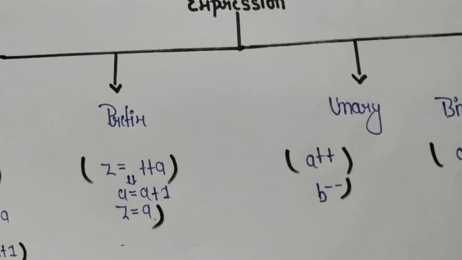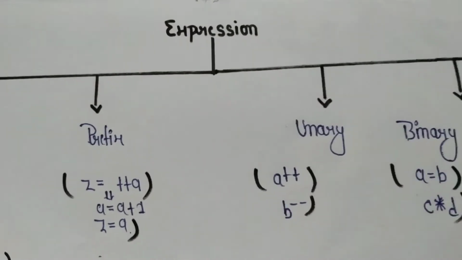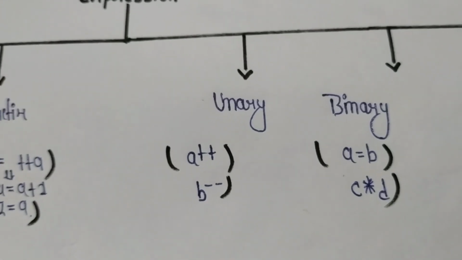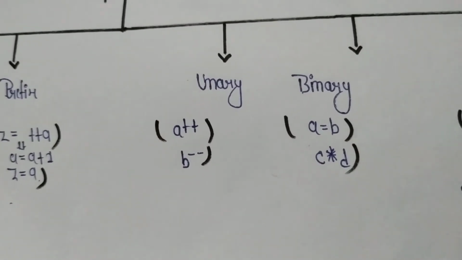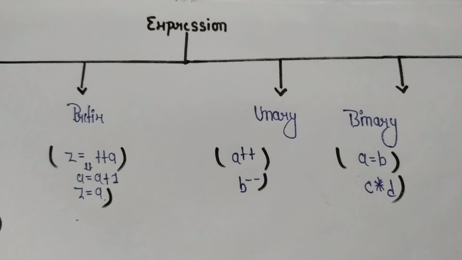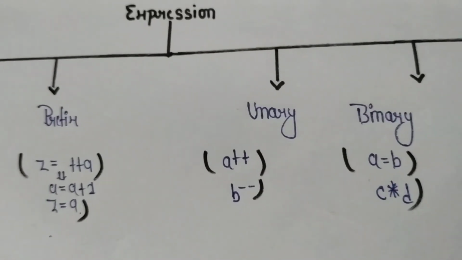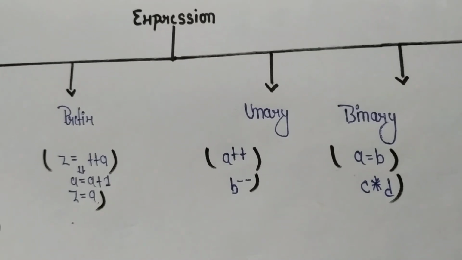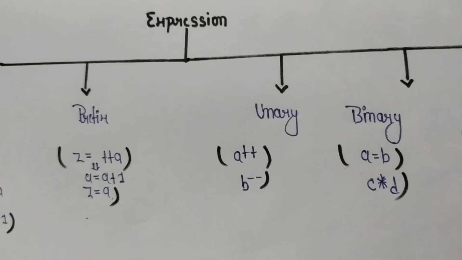Clear? So these are unary expressions. After this, coming to the binary expressions. As the name itself says, binary, because it has two operands, that is a and b, or c and d. For example, a is equal to b and c into d.